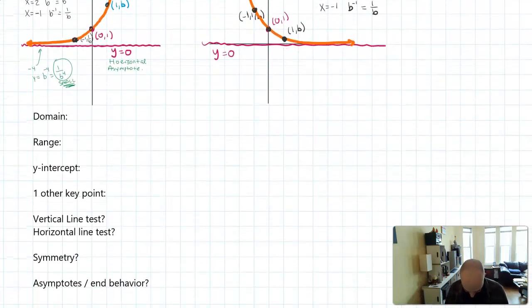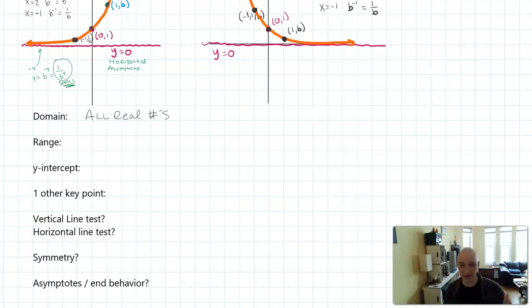Now, exponential growth and decay have a lot of really similar properties, but we are going to go through the domain and range and sort of graphical properties, and whether they are the same, we'll just say same. So for the domain of both exponential growth and decay, it is all real numbers. That is, any x is a valid input. For the range, that's the y values, it is always y greater than 0, or in interval notation, 0 to infinity.